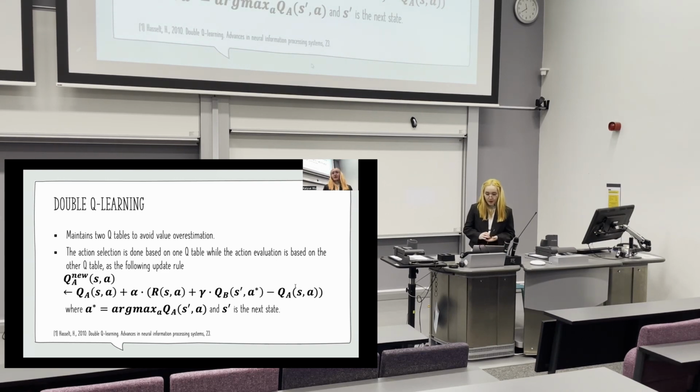It modifies the update rule of Q learning to consider both tables while updating each one by firstly finding the action that gives the highest action value under the next state in the current Q table, and then using the action value of that action with the next state in the other Q table, which is this one, to replace the best next Q value in the original update rule. So basically this cross usage of the two Q tables is the major contribution of this work.